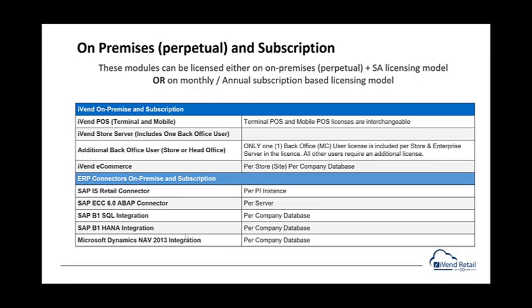SAP Business One HANA integration is per company database. And Dynamics NAV 2013 integration and also 2016 integration would be per company database. So that's as far as these set of modules are concerned, be it on-premise perpetual and subscription. So these modules are available in both modes, the on-premise or perpetual mode and the subscription mode.